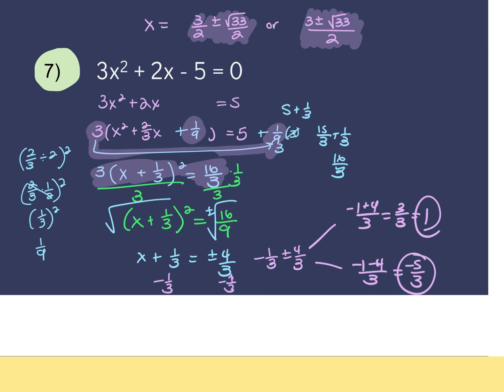You'd get x plus 1/3 squared equals 16/9. Square root both sides, you get x plus 1/3 equals plus and minus 4/3. And then subtract the 1/3, and you'd get x equals -1/3 plus and minus 4/3. There's no root there. They both have the same denominator, which means we have to keep going. Split it and solve it, and you end up with a +1 and a -5/3.